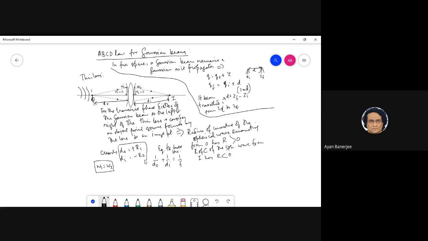So very clearly, this is one condition and these are other conditions. Now let us proceed, and this is my lens maker equation.